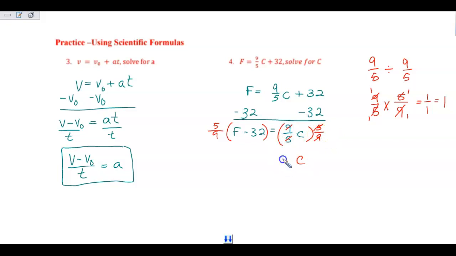C is by itself, and I'm going to get 5/9 times my Fahrenheit minus 32. Okay? So just remember, when you're multiplying or dividing by fractions, we follow those fraction rules. And anytime it is multiplied and we're dividing, we're just multiplying by its reciprocal.